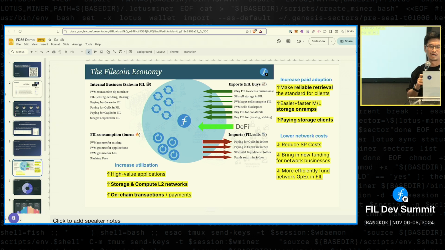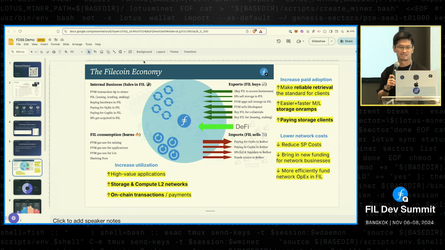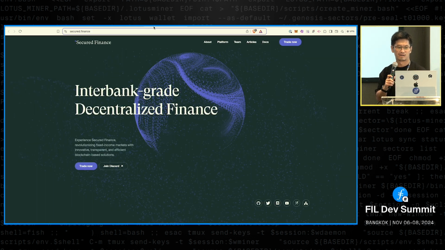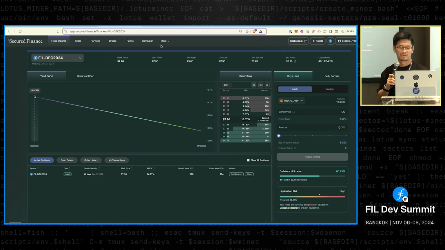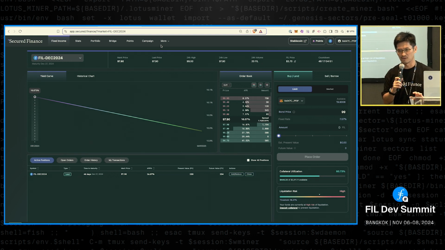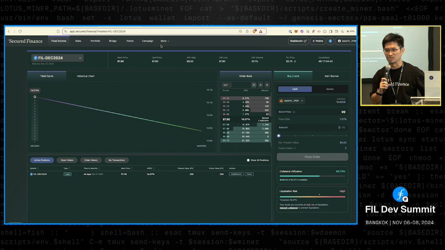And back to your base question, how we can attract people to stake or hold the USDFC: maybe my answer is the other fixed income market. We are going to accept iFIL or pFIL as collateral, and then you can borrow USDFC. In that sense, your collateral is still earning yield, right?